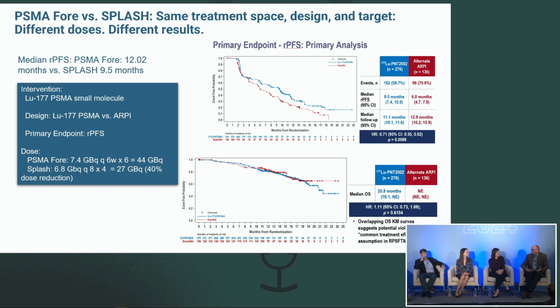It's actually inversely correlated, as might be expected: the higher the total body burden of disease, if we're giving a single dose of 200 millicuries or a slightly reduced dose of 160 of the Pluvicto, that's distributed across more lesions and has less total radiation. So it may be that what we needed to be doing is, again, this dosimetry step to try to predict the dosimetry to individual lesions and specific lesions.